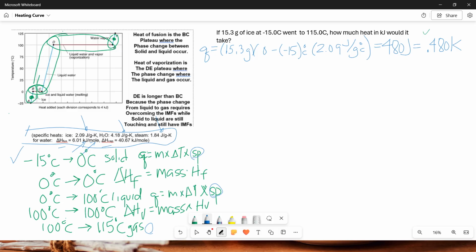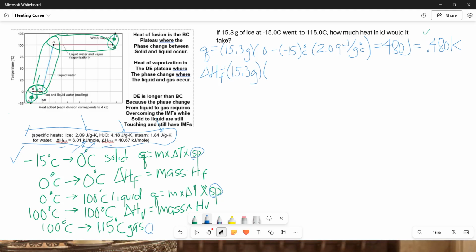Okay, so we have this first step done. Now we're going to the heat of fusion. In other words, we're along line BC. The heat of fusion is going to be the mass, which is 15.3 grams. Now, the constant's in moles, so I'm going to go ahead and just put the conversion here. The molar mass of water, 2 hydrogens, 1 oxygen, off the periodic table is 1 mole equals 18 grams.